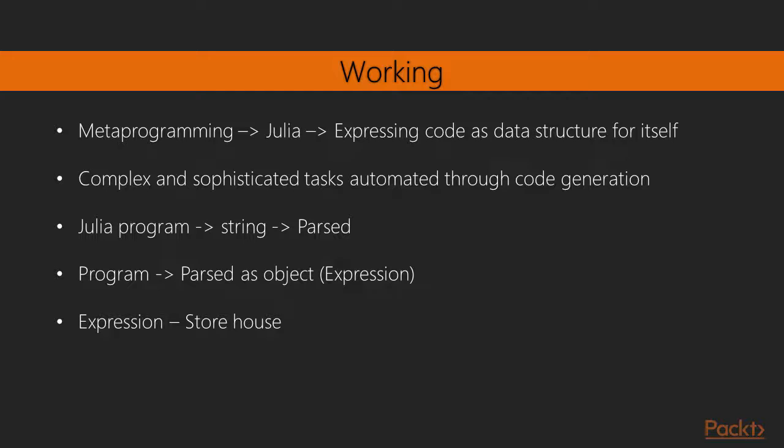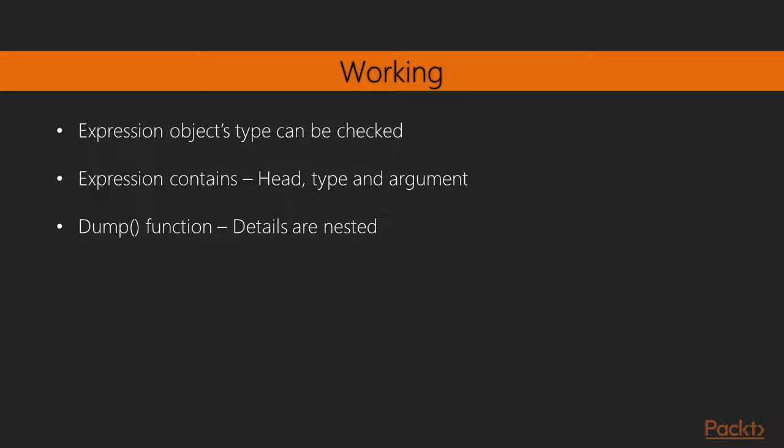Then, the string that is our program is parsed as an object, and that parsed object is called an expression. Now, the expression object is a store for all the details regarding the parsed string, which is our program. We will later explore how and where the details of the program are stored in the expression objects and how to make use of them.